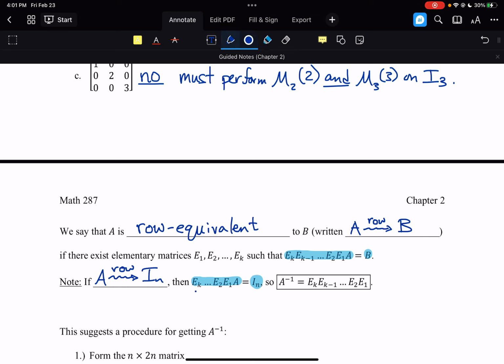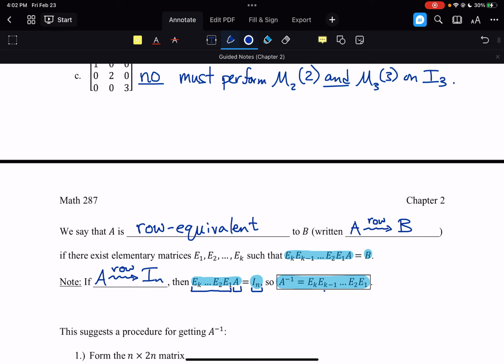So this group of matrices here times A is the identity, which means that this group of matrices must be the inverse. Right? Because that's what the definition of the inverse is, right? Any matrix times another matrix that gives the identity, they are inverses of each other. So this set of matrices gives us A inverse.